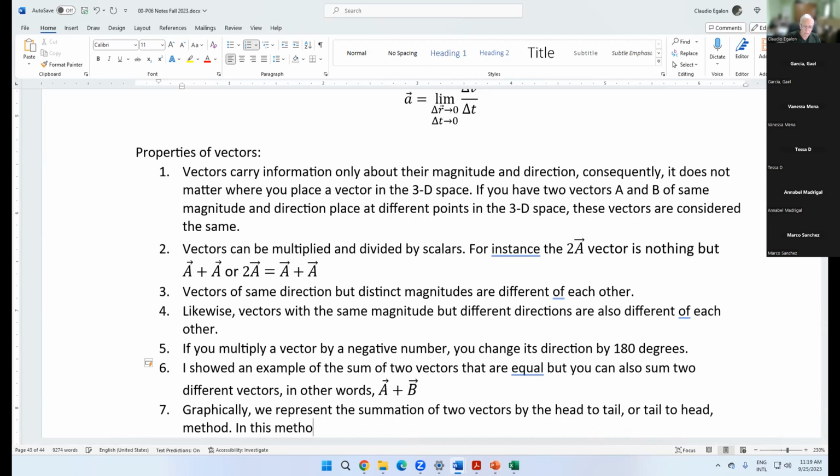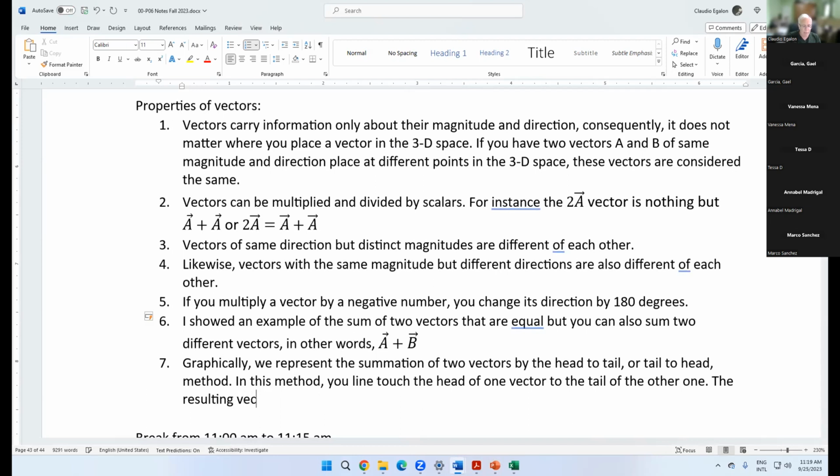In this method, you line up, you touch the head of one vector to the tail of the other one. The resulting vector is the one that is drawn from the free tail to the free head, right?